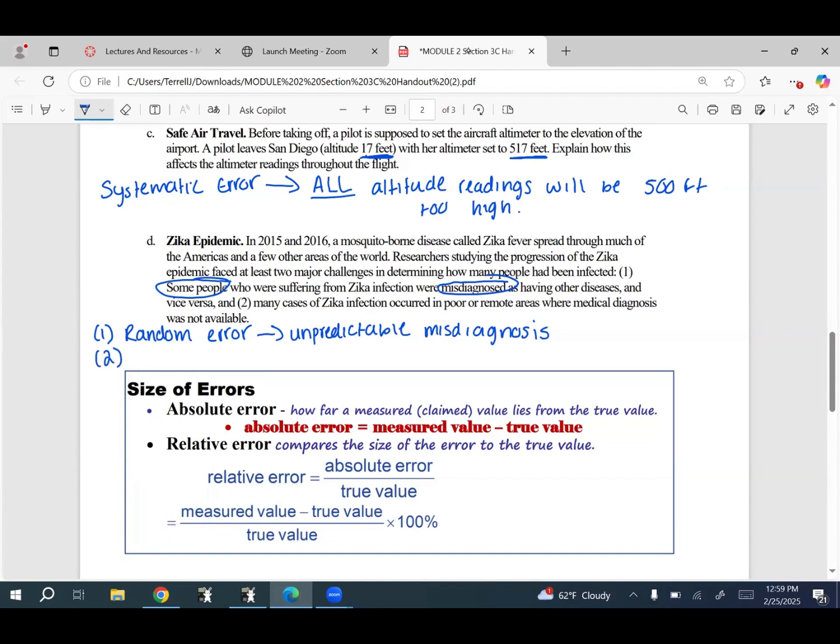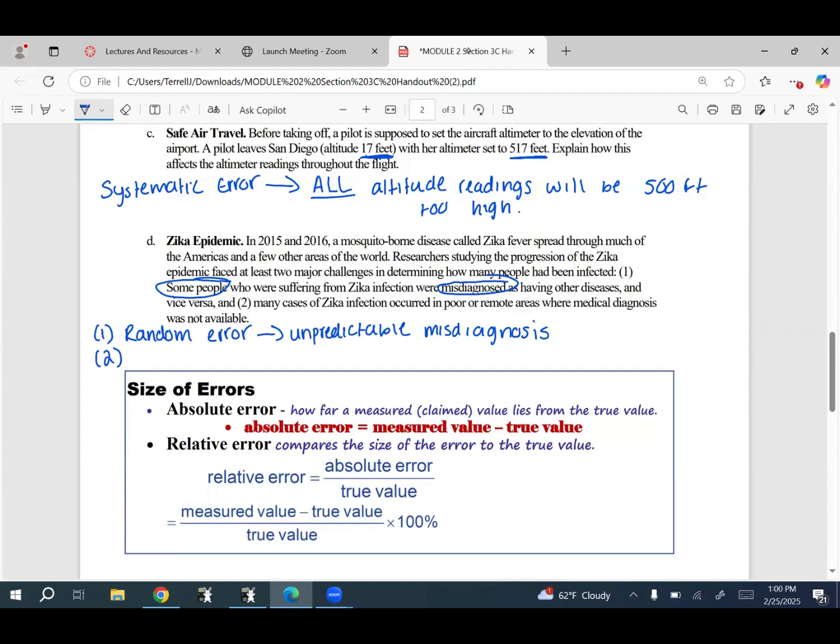And let's look at scenario two. Many cases of Zika infection occurred in poor or remote areas where medical diagnosis was not available. Now, here's a different scenario. Medical diagnosis was not available, not misdiagnosis.